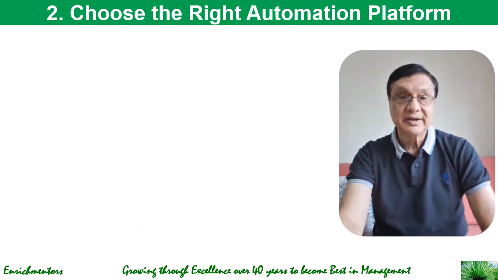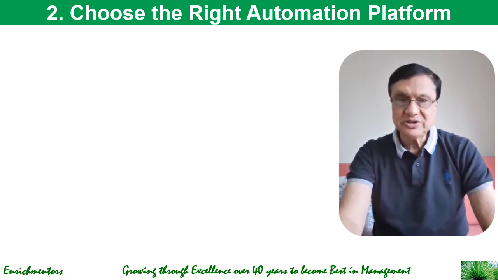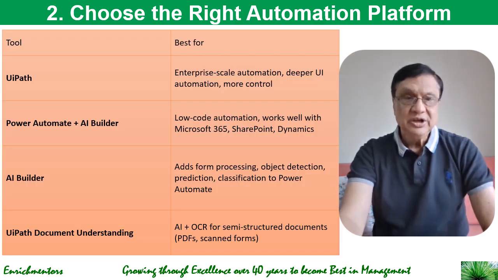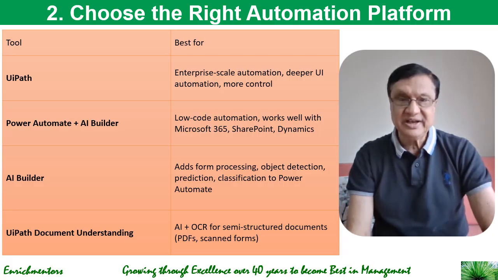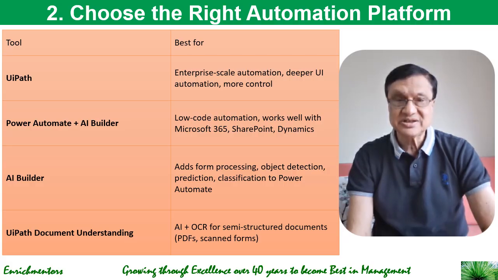So like this, you need to identify the right processes that can be automated and what you want to automate. Then you choose the right automation platform. Now, there are tools like UiPath, which are best for enterprise scale automation, the deeper UI automation, and more control. Then there are tools like Power Automate plus AI Builder, which is a low code automation tool, works well with Microsoft 365, SharePoint, and Dynamics.